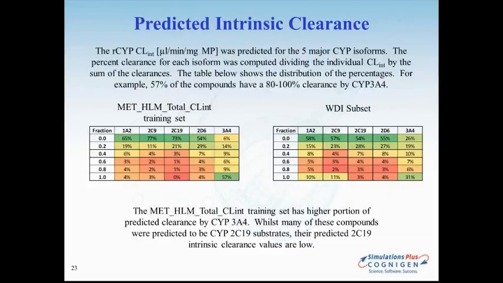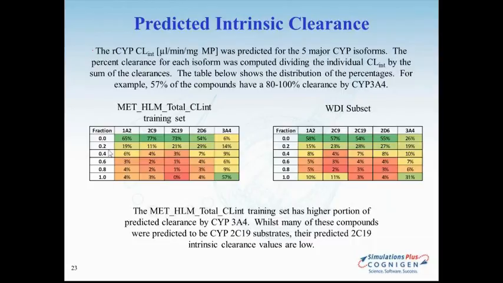Then the next thing I did was take the intrinsic clearance model. So these are these RCYP models, and for each one of the compounds I predicted the clearance for the 5 different isoforms, and then summed that up, and then took the individual isoforms and divided it by the sum to get the percent metabolism that was due to a particular isoform of cytochrome P450.